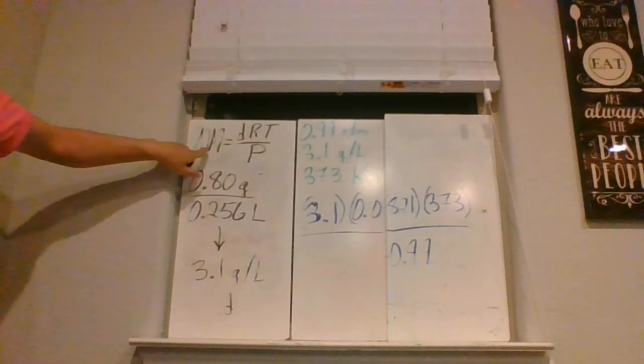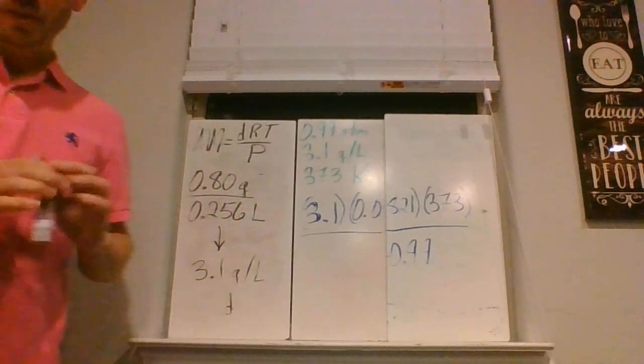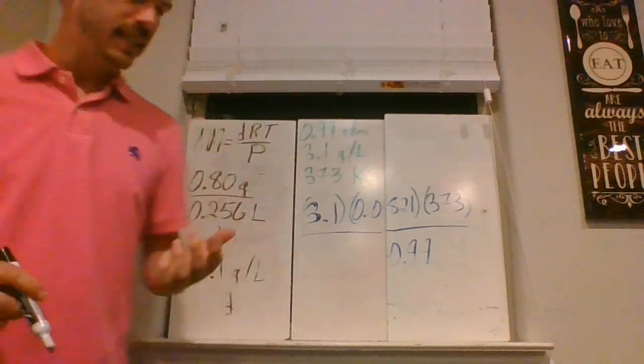So this is going to give us our molar mass of the sample, which, with sig figs, is 96 grams per mole.